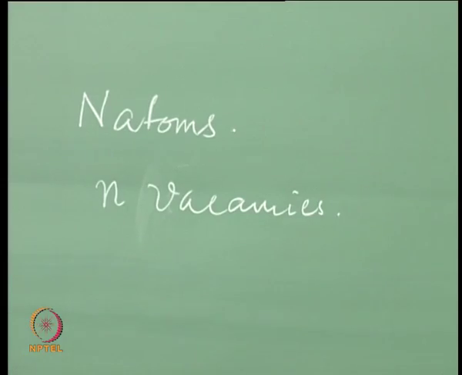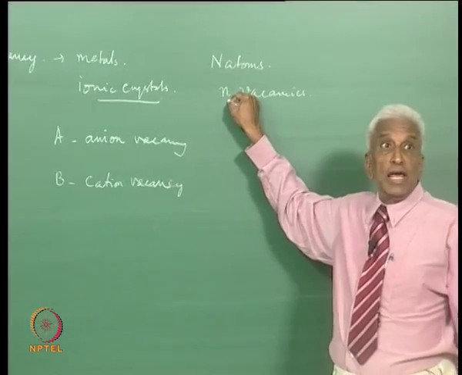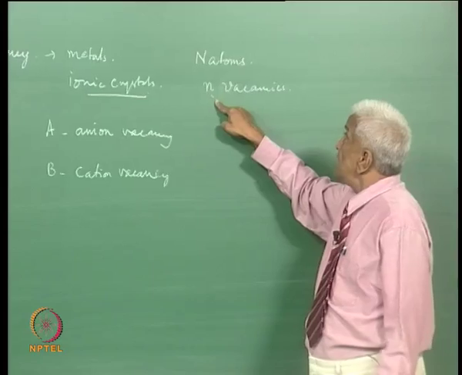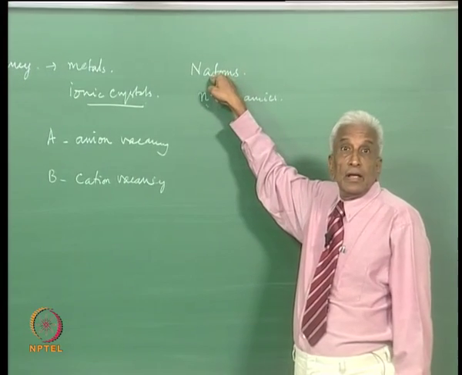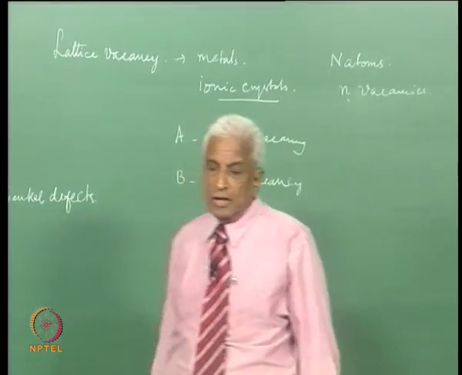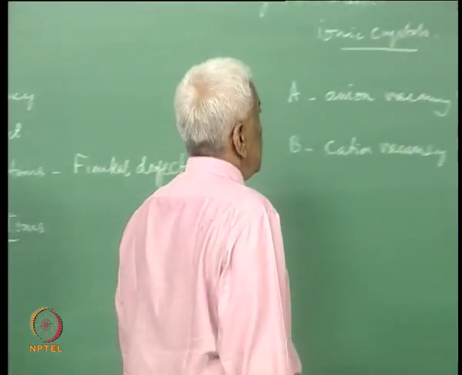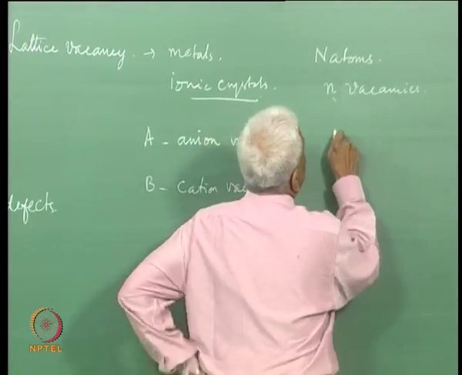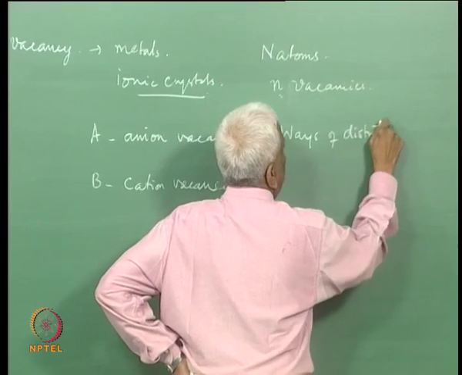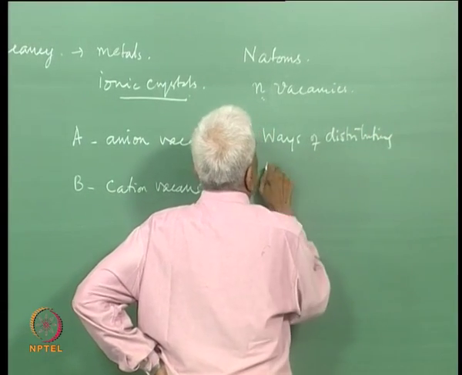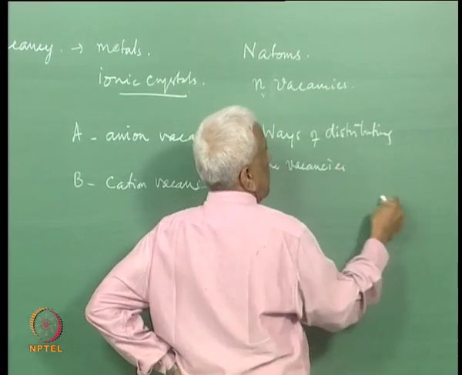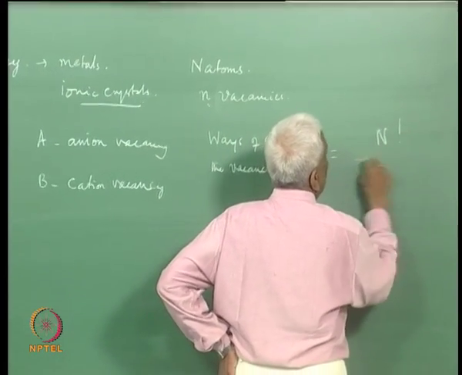So, of the N atoms, these many atoms, small n, are removed in order to create vacancies. So, there are n vacancies in a total of N atoms. So, there are many ways of choosing or distributing these vacancies. The number of ways of distributing the vacancies will be given by the usual formula.